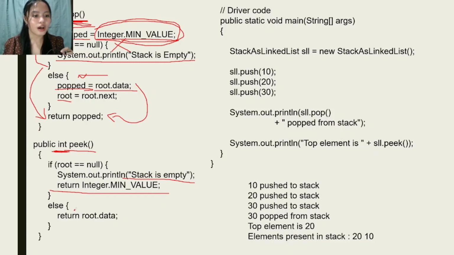Else, if the root is not empty, it will return root.data, the data of the root or the top. Whatever data of our top or peek, which is called root, will be returned to our function peek.